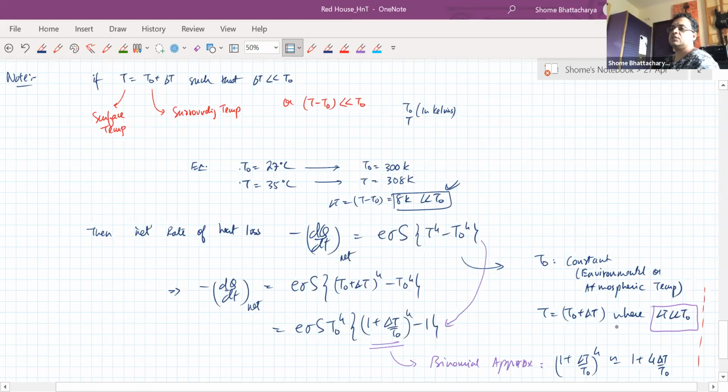That means the rate at which the given surface is cooling down because it's at a higher temperature than the surrounding should be directly proportional to delta T. This is something that is not intuitive from Stefan's law, because according to Stefan's law, the rate at which heat loss is happening depends on T to the power 4 minus T naught to the power 4. So how can it be directly proportional to delta T? But we can see that that happens in the special case when the temperature difference is negligible compared to the temperature of the surrounding. So the binomial approximation method becomes applicable.